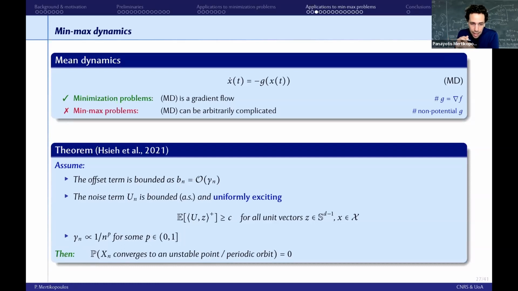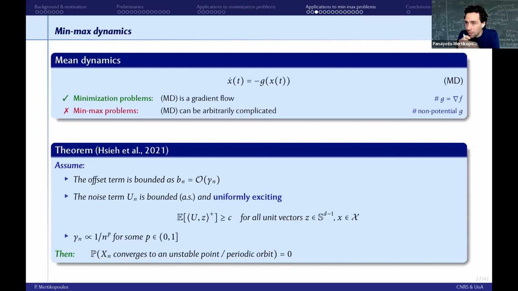non-min-max points. And the result is that if we have the same assumptions for the offset and the noise of the algorithm as we have in the minimization case, then the probability that x_n converges to an unstable point, meaning a point which is not a local min-max, is 0.